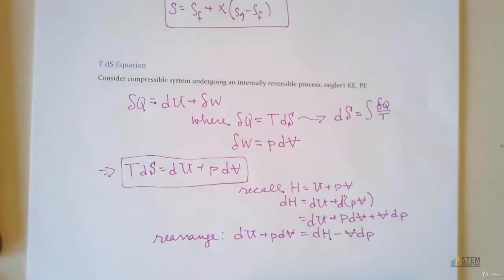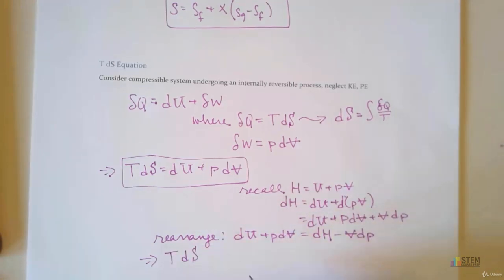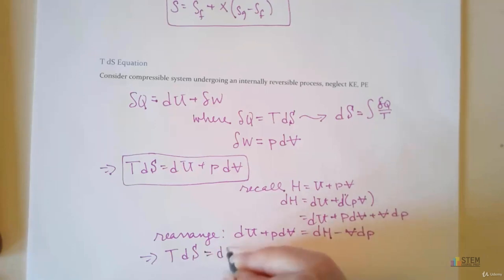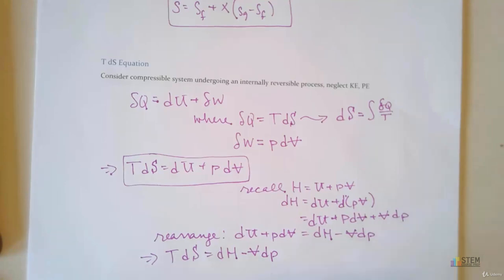Now, if we look at what we've got, dU plus pressure times dV, notice this is exactly what we had up here, right? So we can replace this with T dS. So T, or temperature, times our change in entropy here is going to be dH minus the volume times dP, where P is pressure.